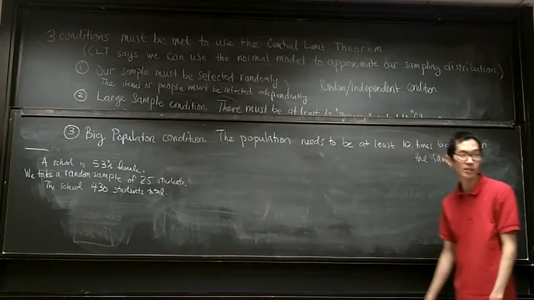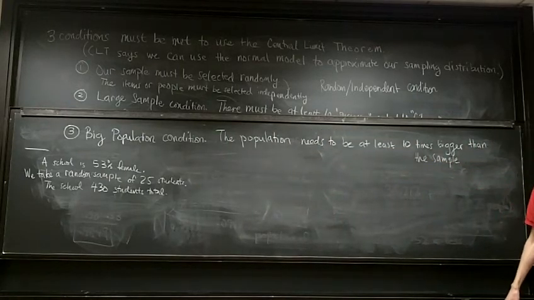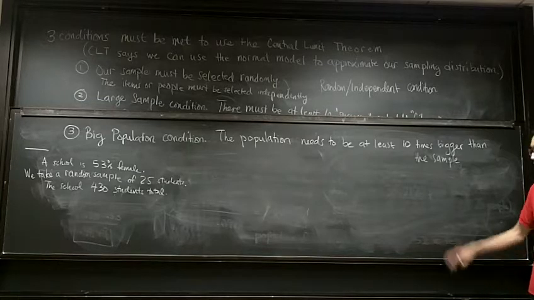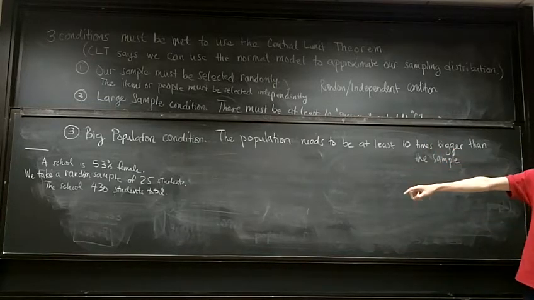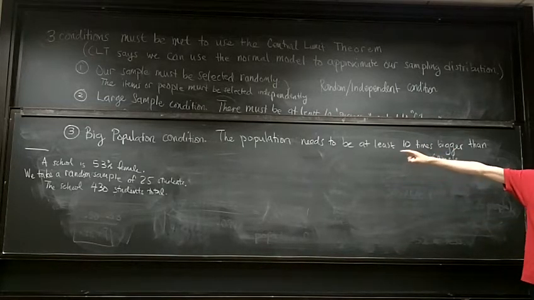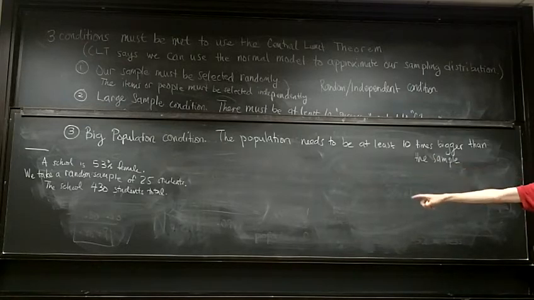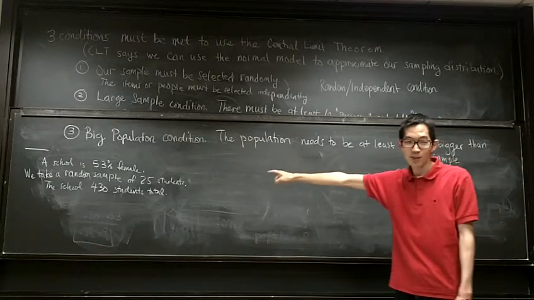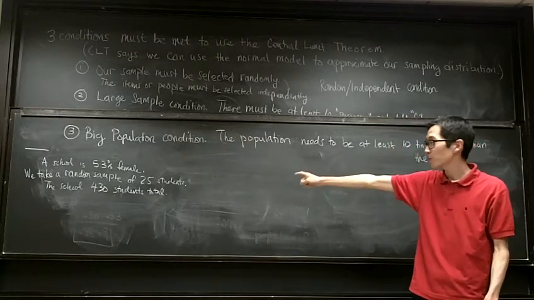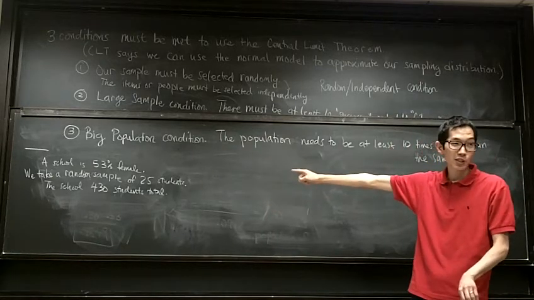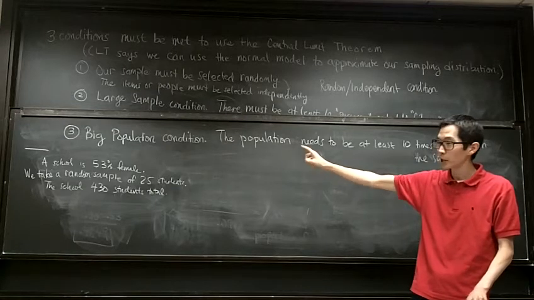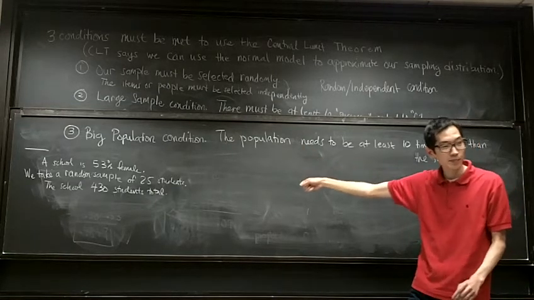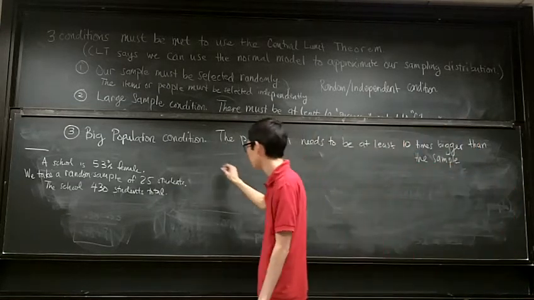Would we have to test condition 2? In that case, the first condition was violated, so we know we can't use the central limit theorem there. Now I fixed it so the random condition is met. What about conditions 2 and 3? We'll check those.